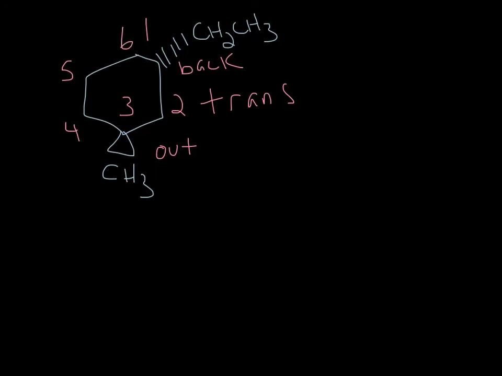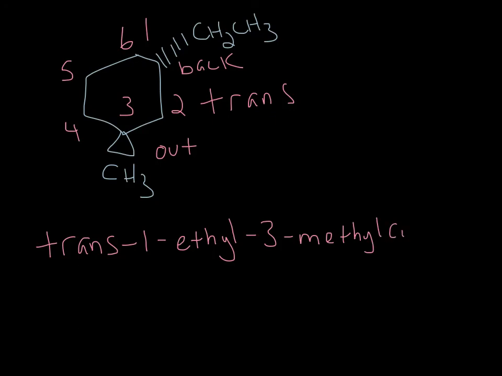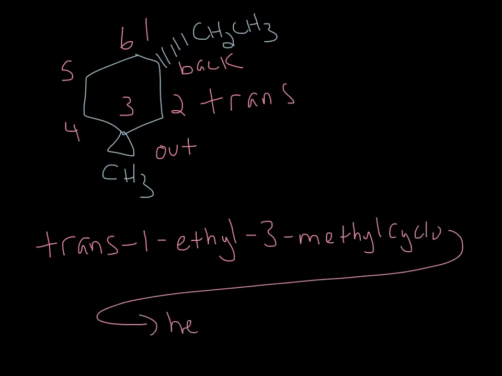So I have a 6-membered ring, and this is trans-1-ethyl-3-methylcyclohexane. Cyclohexane is the same word, I just don't have a long enough screen here. So I have trans-1-ethyl-3-methylcyclohexane.